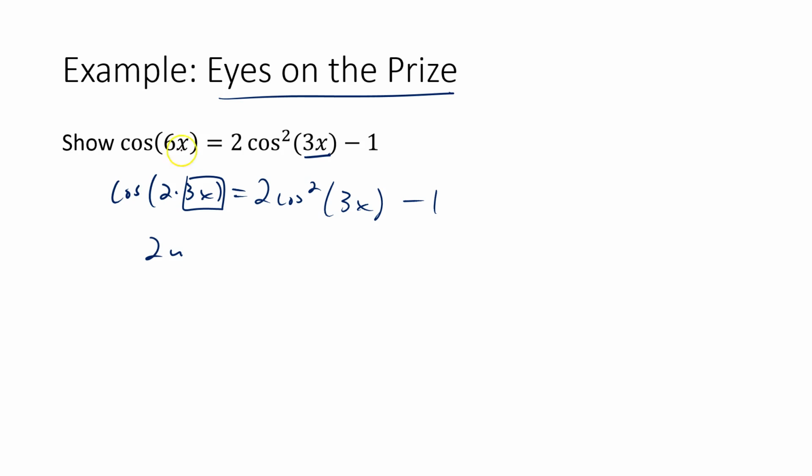So it's a one-step proof as long as you can see that you can break that 6x into 2 times 3x. We also could have done that as cosine squared 3x minus sine squared 3x, but then we would have had to do an extra step to get it back to here.